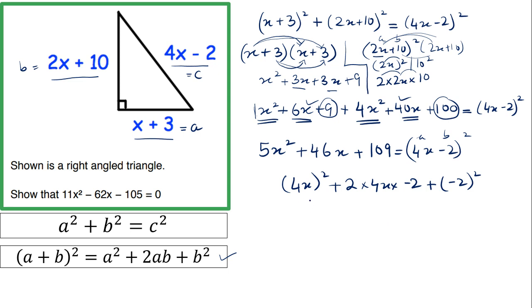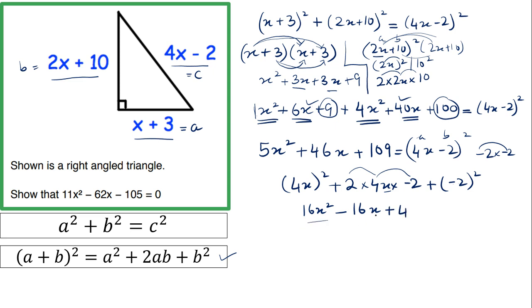Now 4x squared, 4 times 4 is 16, so 16x squared, and then I have 2 times 4, 8, 8 times negative 2, that is negative 16, and an x with it, so 16x squared minus 16x, and then I have a negative 2 whole squared, which is 2 times 2 is 4, and obviously positive, because when we do negative 2 times negative 2, negative and negative gives me positive, so I'm going to write plus 4.